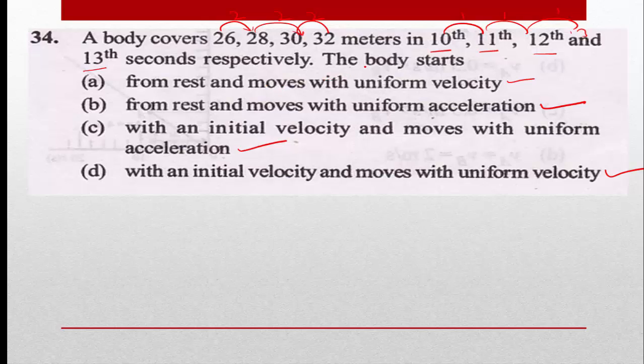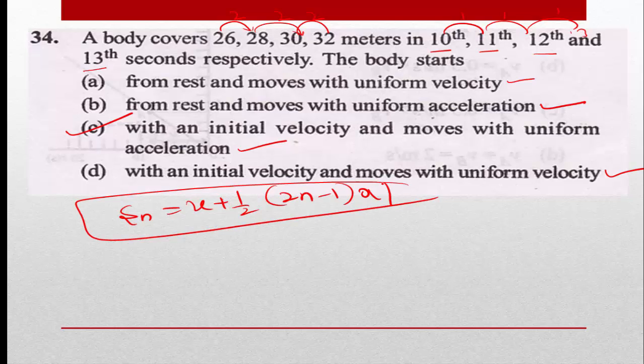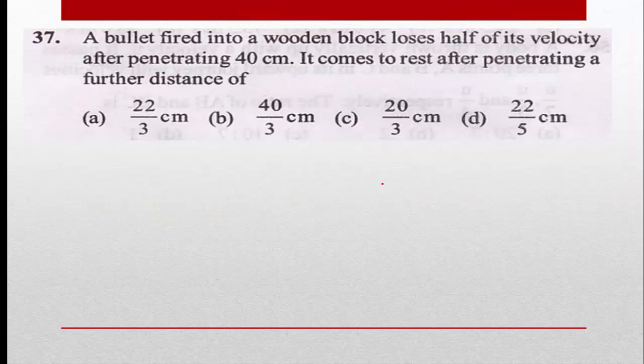Here the velocity changes continuously with respect to time. That's why option C is the right answer, because the distance covered in the nth second, Sn, is equal to u plus 1 by 2 into 2n minus 1 into a. Option C is the right answer for this question.